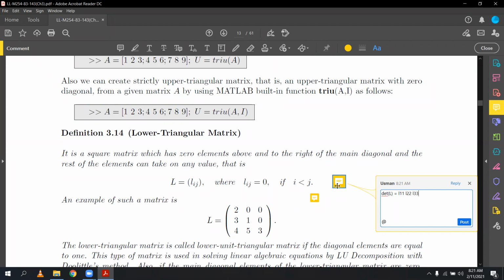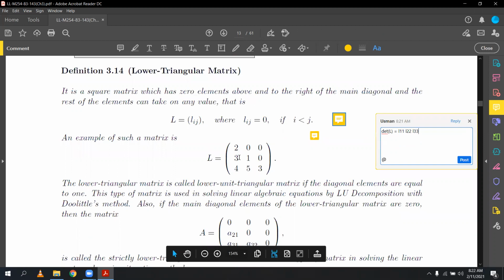So if all the elements in the diagonal part of L are not equal to 0, then we say L is non-singular. You can see it directly without doing anything. Just look at this matrix and directly say it is non-singular.